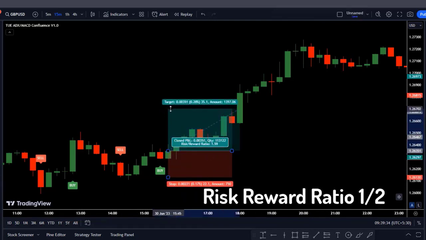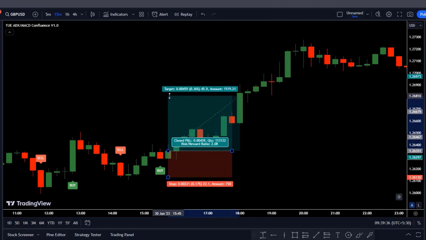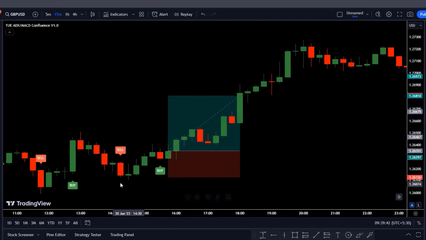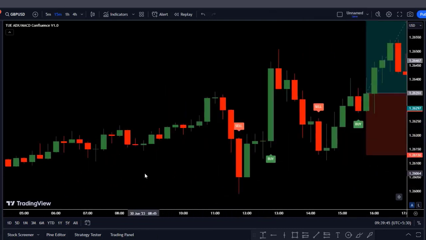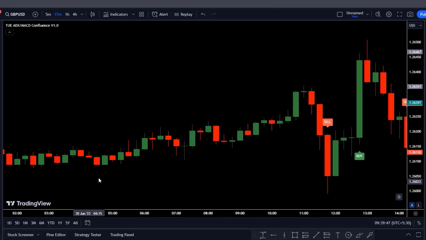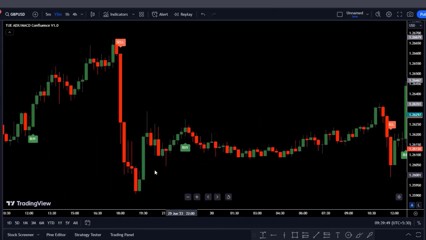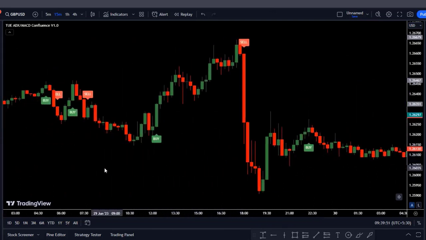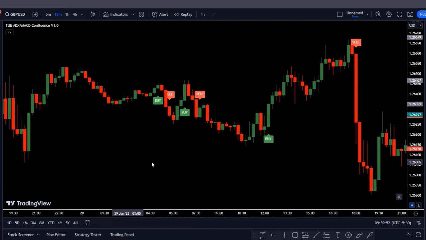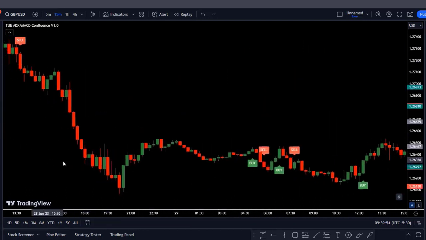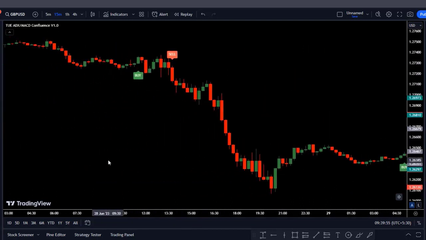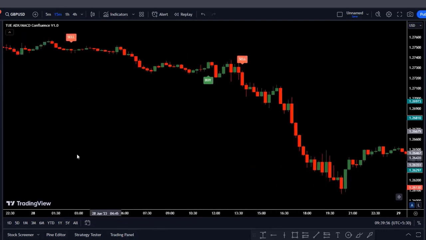This helps protect your position in case of any sudden price reversals. Additionally, it's recommended to aim for a risk-reward ratio of at least 2. This means that your potential profit target should be at least 2 times the size of your initial risk or stop loss. Despite the high accuracy of this indicator, it's important to note that relying on a single indicator alone may not be sufficient for successful trading.